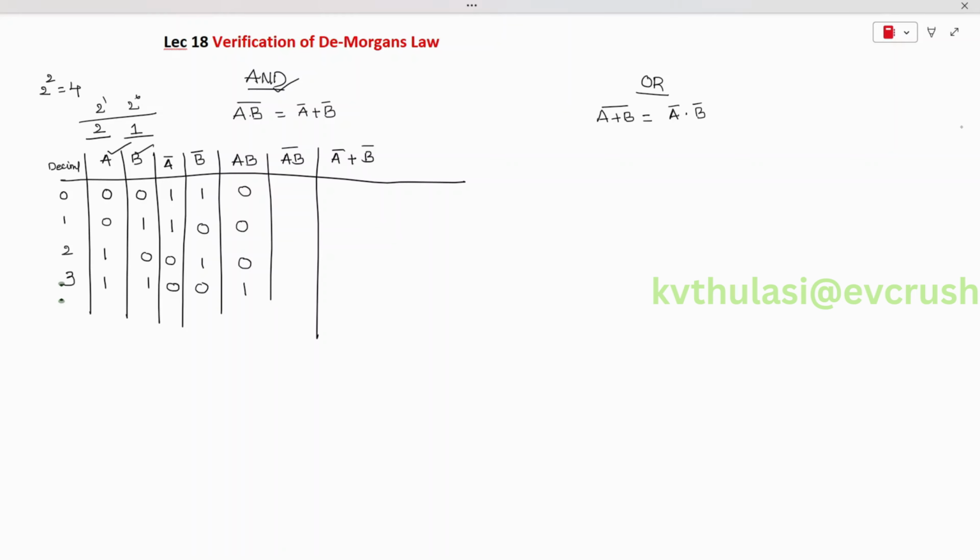Now the complement of this value gives 1, 1, 1 as well as 0. Three ones and a zero: you obtain the value of A into B whole bar. But you require A bar and B bar.